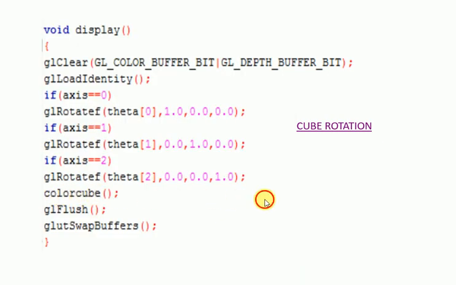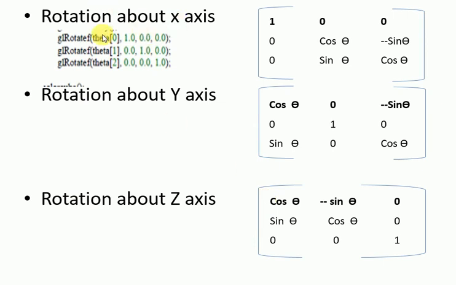Next, the color cube is formed, and this is how it looks. The rotate function is called with an angle theta, rotated about the x-axis. When it is rotated about the x-axis, that means x becomes 1 and y and z are 0, with an angle of theta.